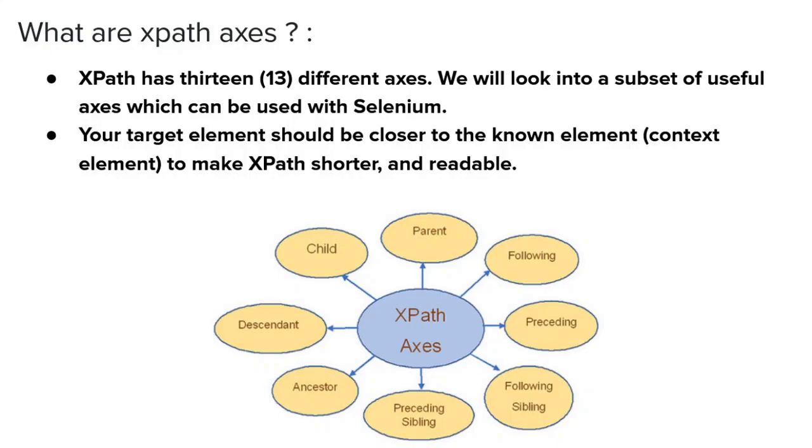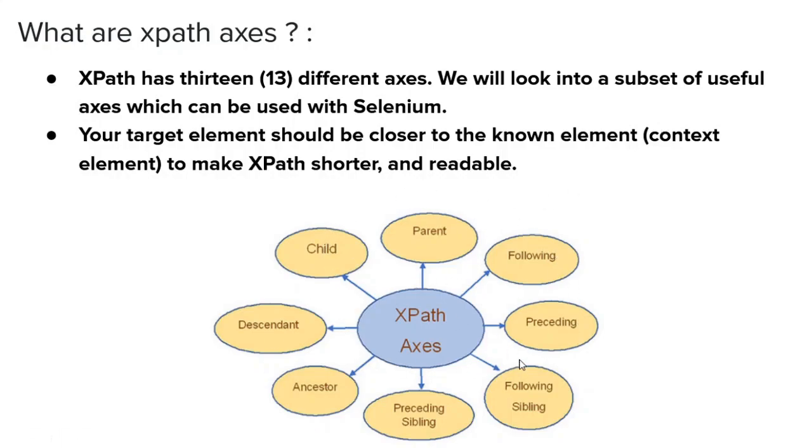We will see 8 such XPath axes or keywords that are very useful to find out web elements. And whenever we use XPath axes, our target element should be closer to the known element, which is known as the context element, to make the XPath shorter and readable. For example, these are the 8 keywords or XPath axes that we will see.